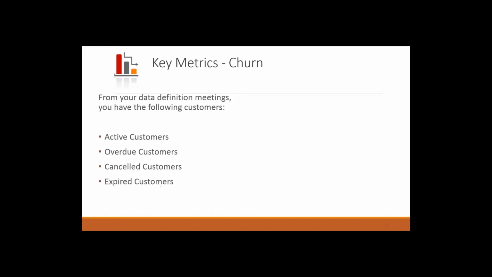From a dimensional modeling standpoint, you have a customer dimension, but that's not enough. You've got to count by day or by month how many people fit into each of these categories, and you have to do it in a factual way because it's got to be a fact. It's got to be an additive number.